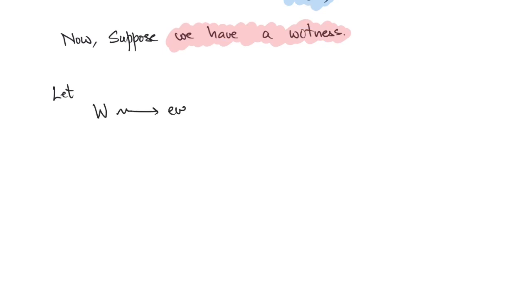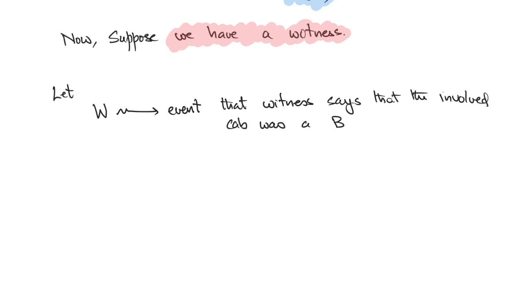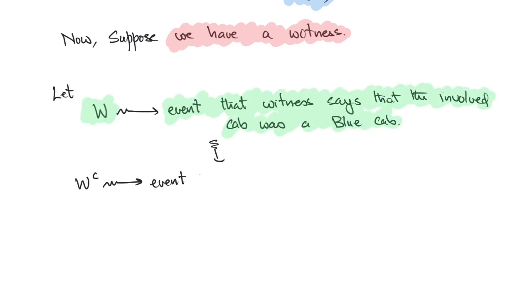Now, suppose we have a witness, and let W be the event where the witness says that the involved cab was a blue cab. In this setting, W complement is going to correspond to the event that the witness says that the involved cab was a green cab.